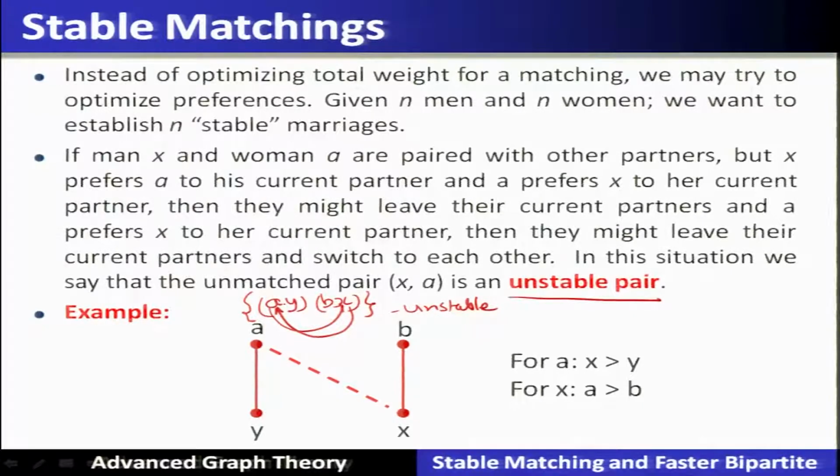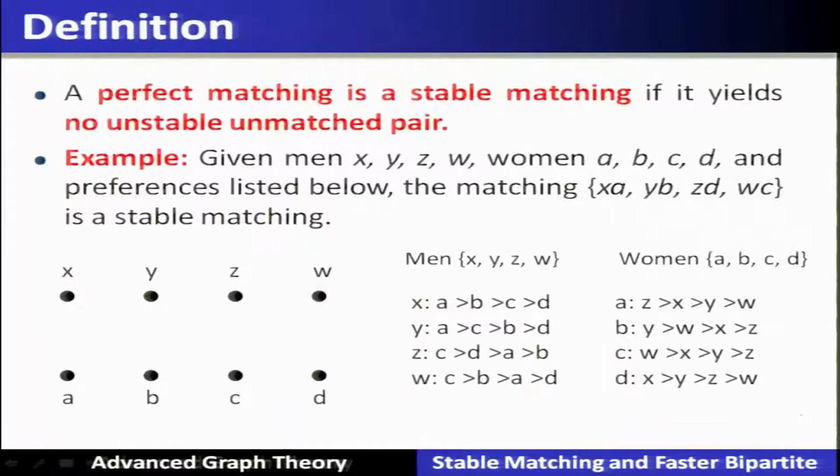That is shown here in this example: A prefers X compared to Y, similarly X prefers A compared to B. So, if a pairing AY and BX is given, then this is an unstable pair.